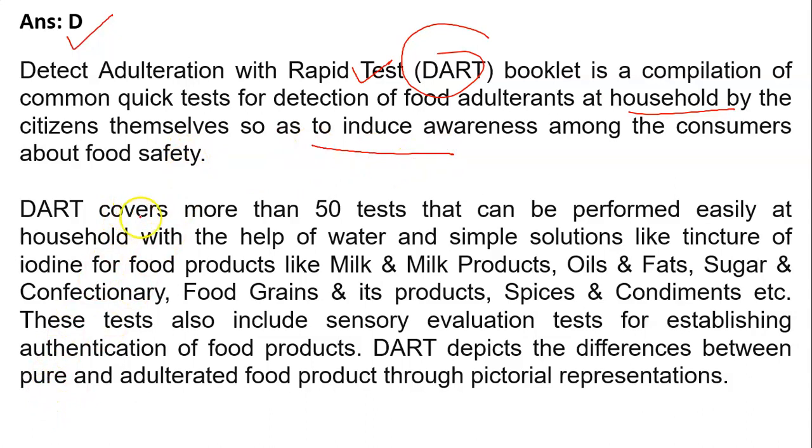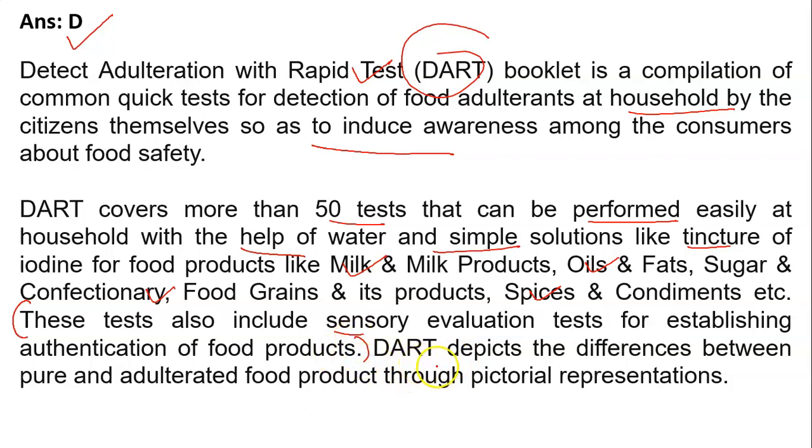This DART covers more than 50 tests that can be performed easily at household with the help of water and simple solutions like tincture of iodine, for food products like milk and milk products, oils and fats, sugar and confectionery, food grains and their products, spices and condiments, etc. These tests also include sensory evaluation tests for authentication of food products.